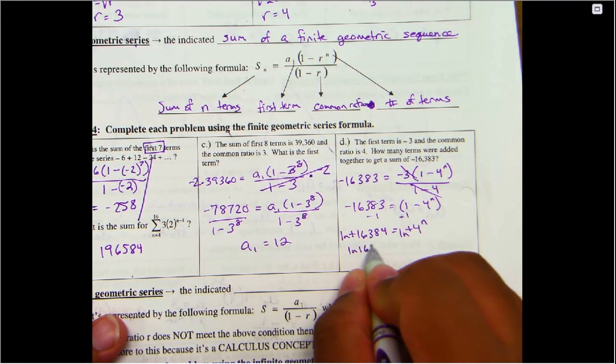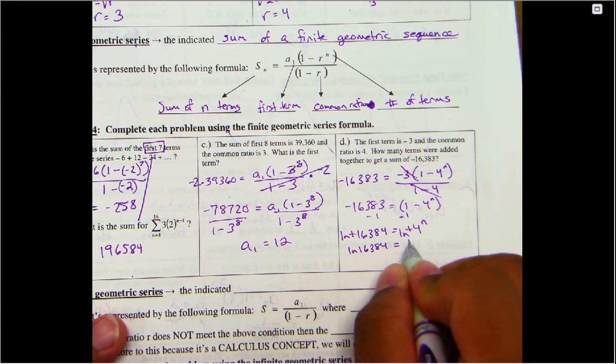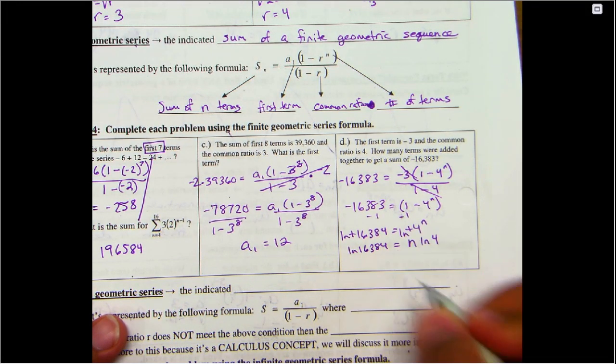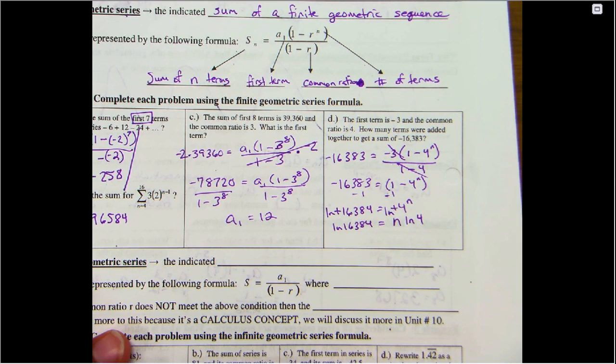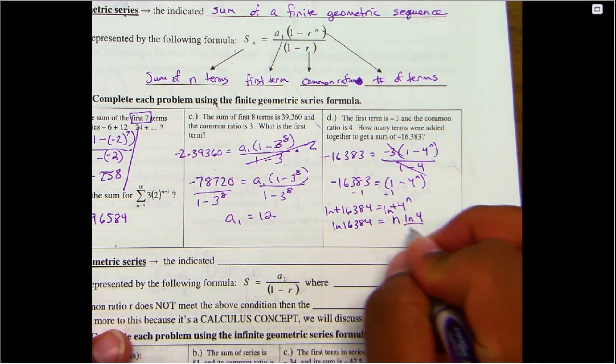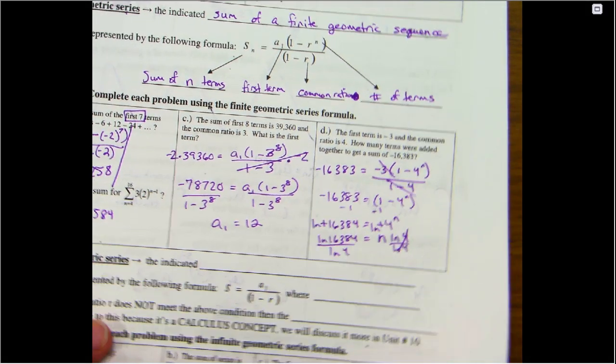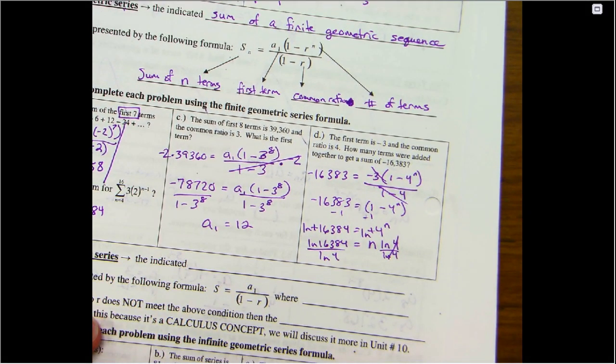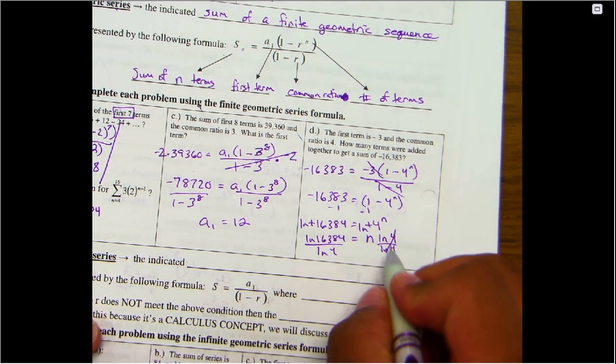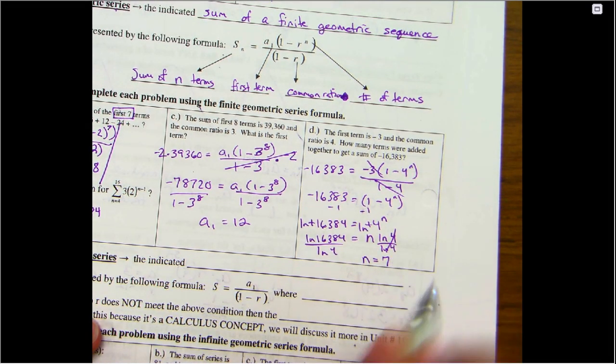So bring the n down, and now just divide by ln of 4. So n equals 7.